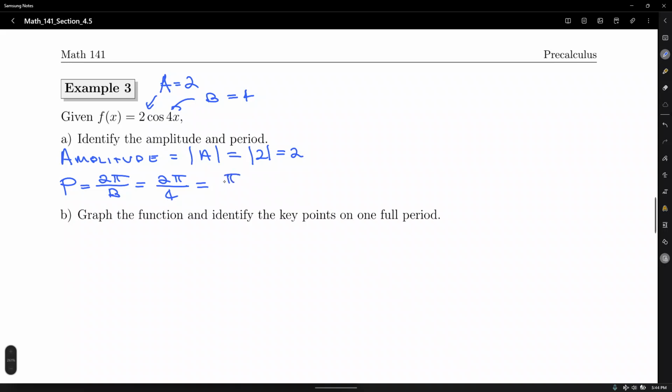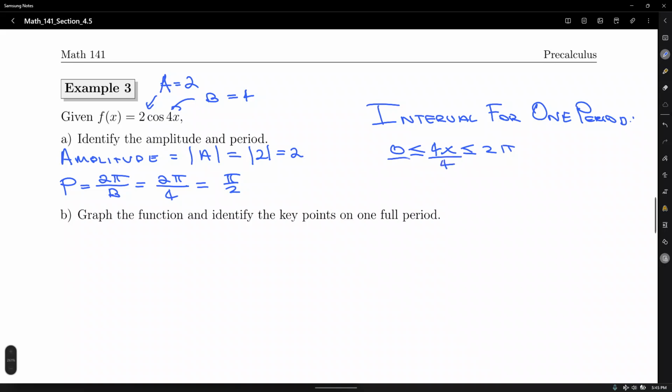All right, now you might want to write that inequality that represents the domain for one cycle, that is the interval for one period. That will be, starting at 0, between 0 and 4x and 2 pi.